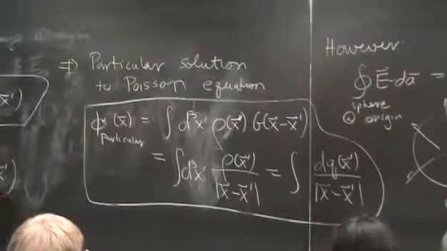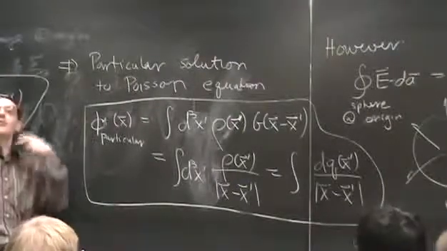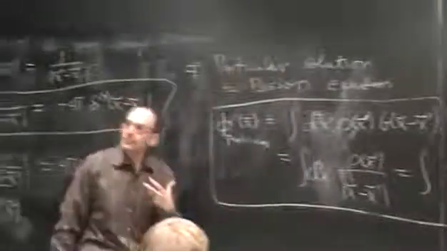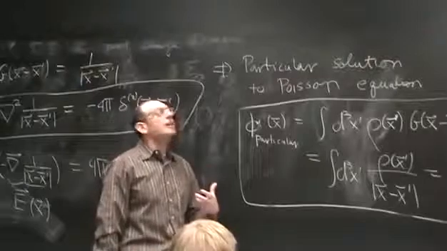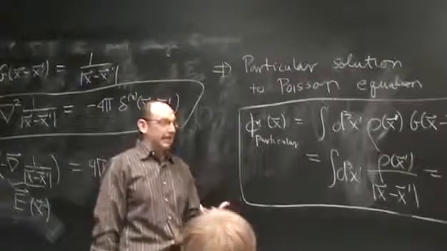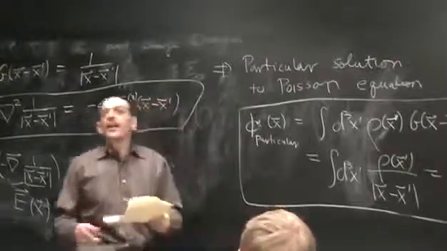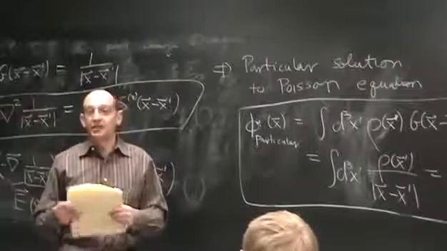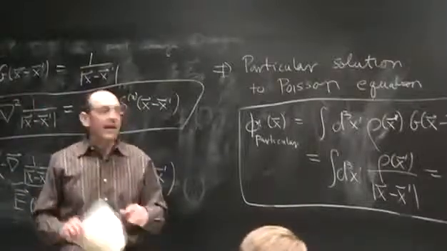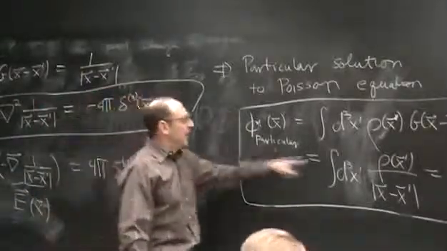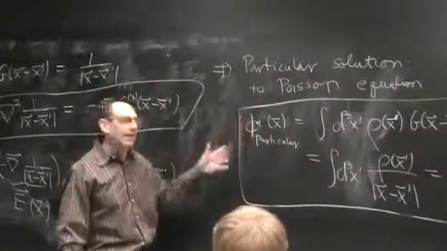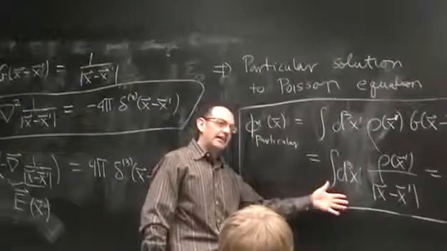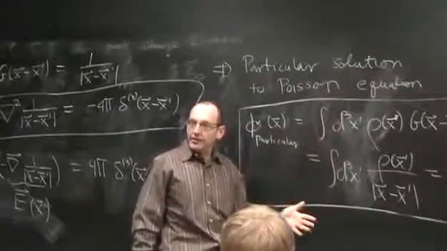So typically, if we're given a charge distribution, we would not find the electric field directly by integrating all the vectors. Instead, we would integrate the charge distribution to get the potential, and then take the gradient of that to get the electric field.